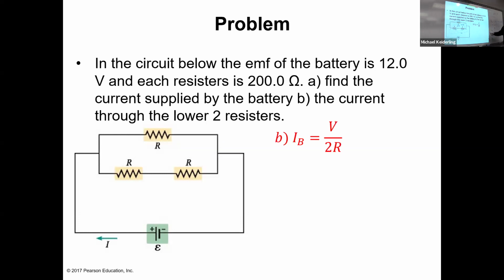So the current at the bottom is going to be the voltage over 2R, 400 ohms. 12 volts over 400 ohms gives you 0.03 amps. And if you calculate the current on the top, that's 0.06 amps. And they add up to 0.09.